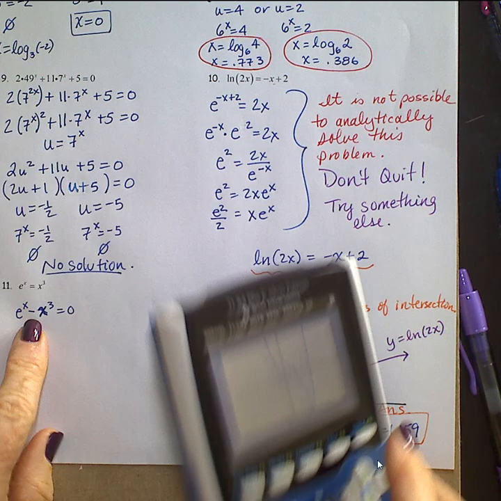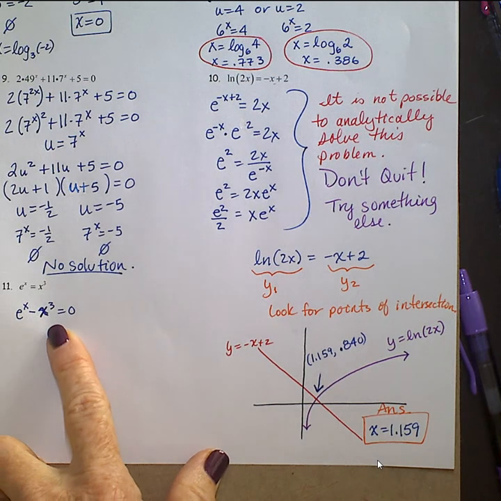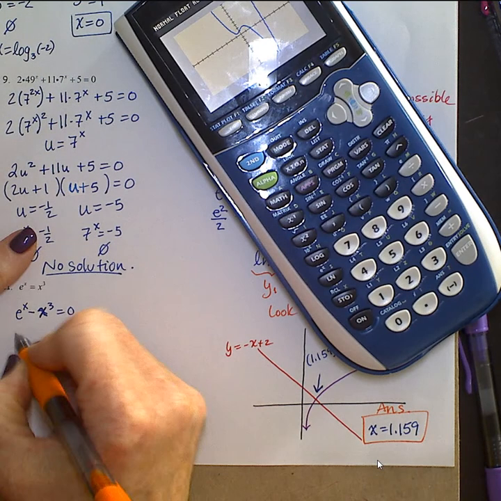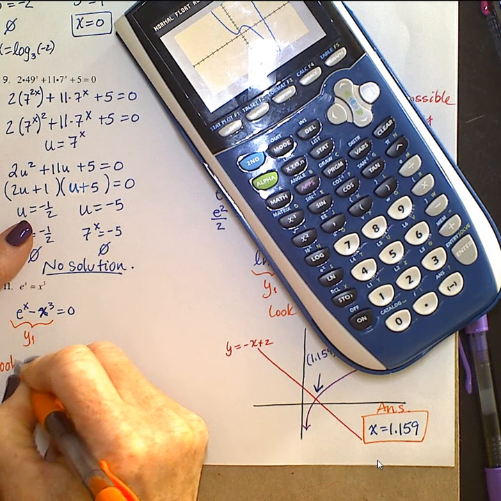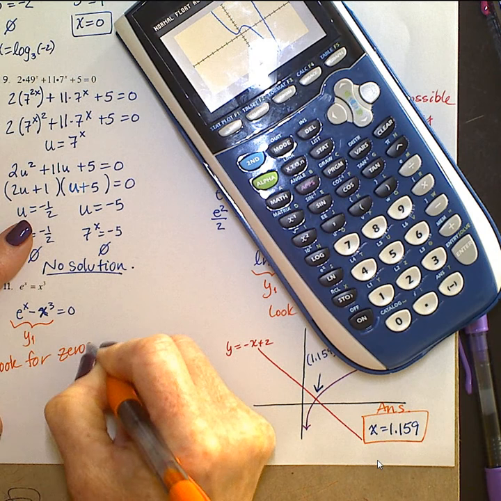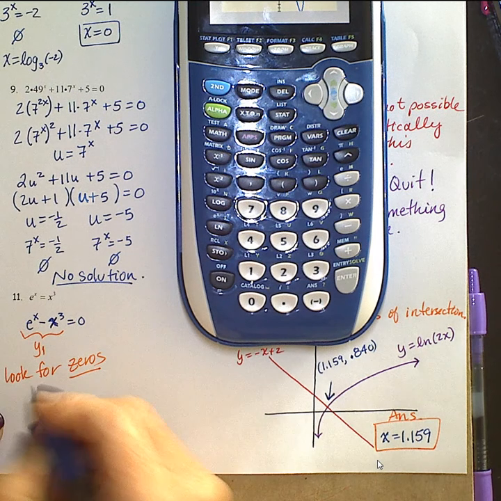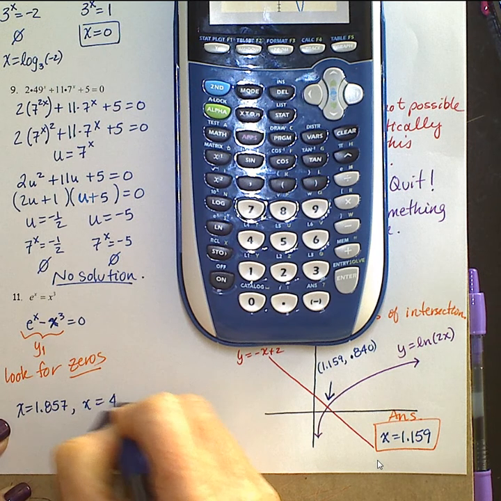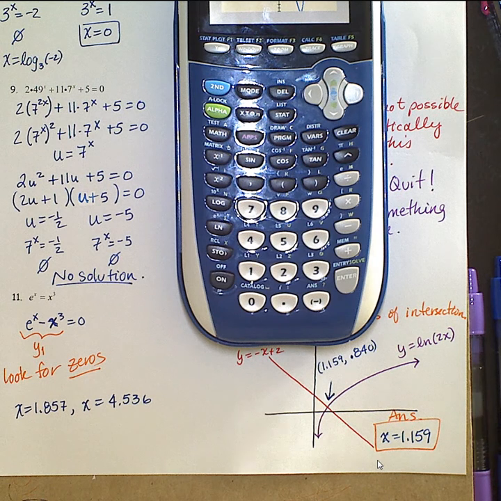You look for zeros. And then you won't have to worry about trying to figure out if it meets it again or not. Does that make sense to what I'm saying? Yeah. So that's a nice option, is to put all of this into y1 and then look for zeros. And there are 2 of them. There's one of them at 1.857 and one of them at 4.536.